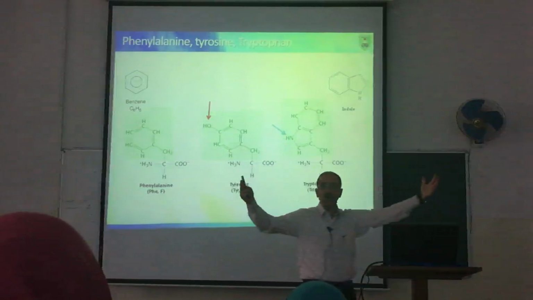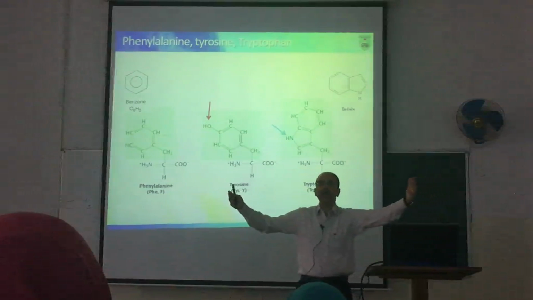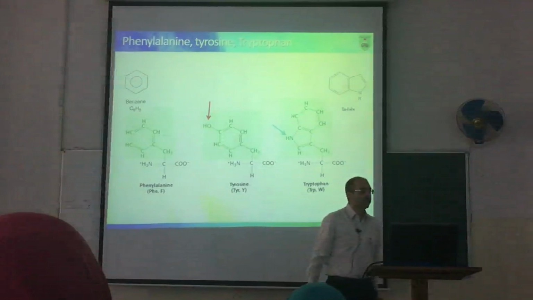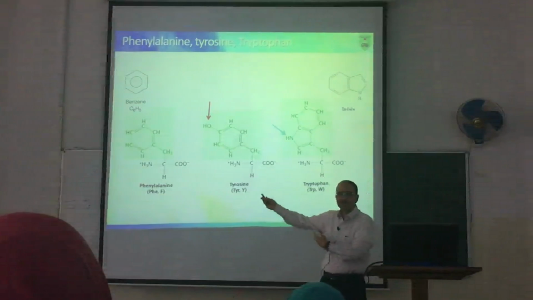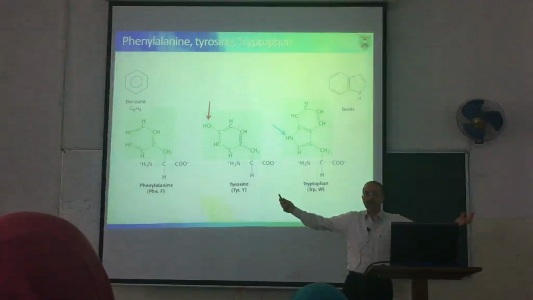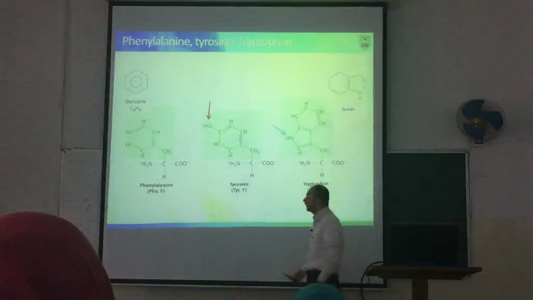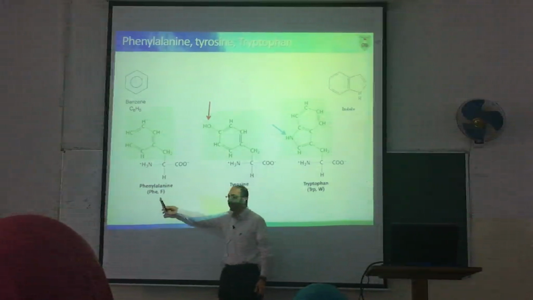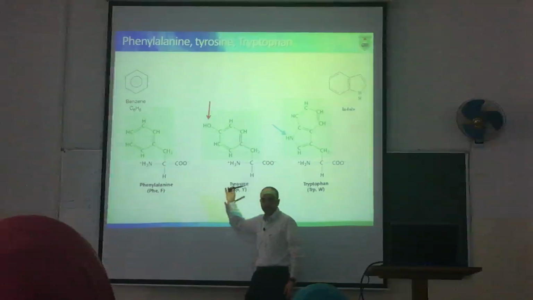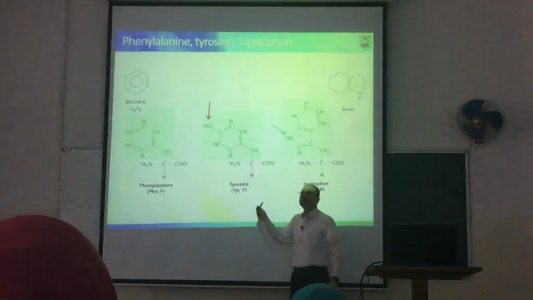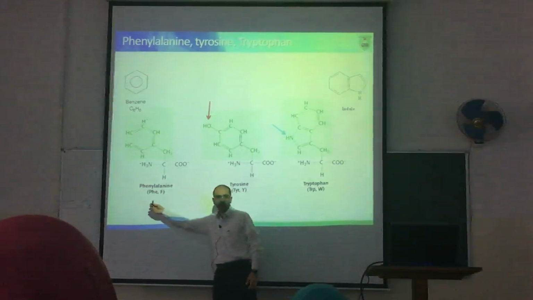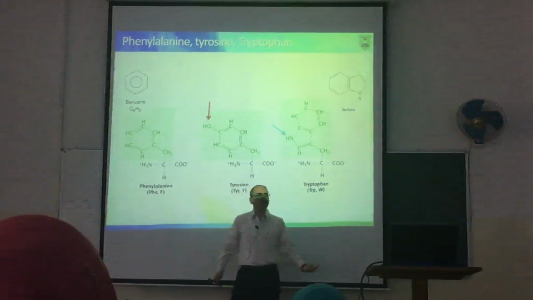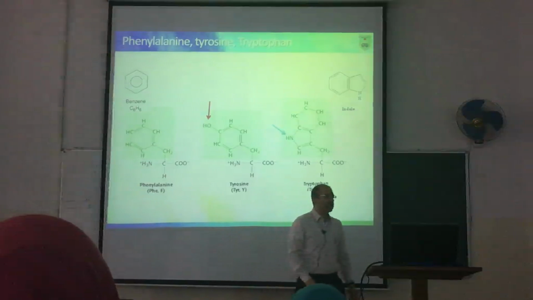So it became a large molecule that is highly hydrophobic, because there is nothing polar. It's non-polar and it's large. Phenylalanine. Of course the abbreviation is simple, PHE. Tyrosine looks exactly like phenylalanine, except that on the phenyl group we put an OH group.